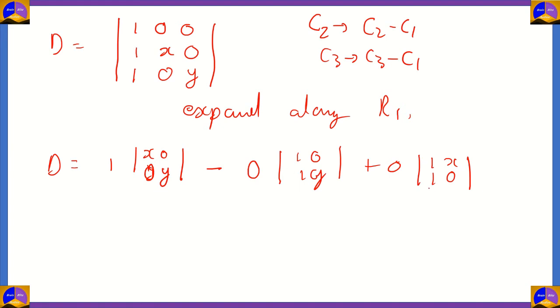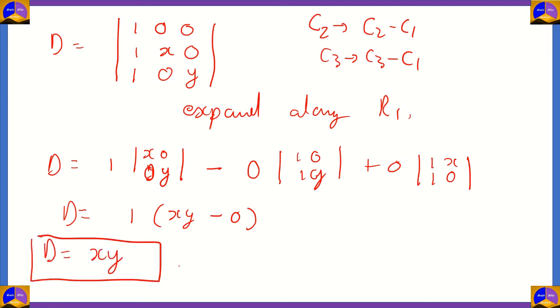The second and third terms can be entirely obliterated because they have a 0 multiplying them, so they become 0 in the end. So then 1 times xy minus 0 will be the value of the determinant. Therefore, the entire value of the determinant will be xy.